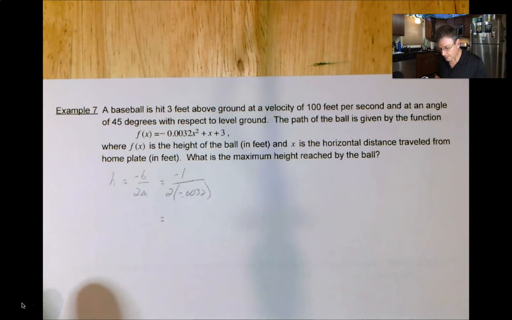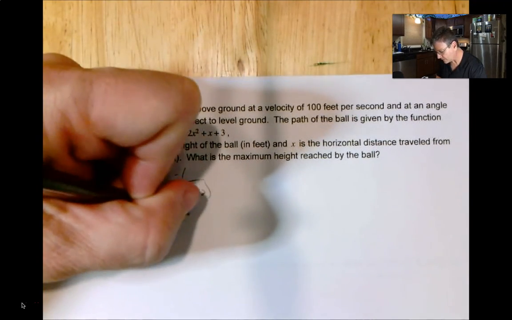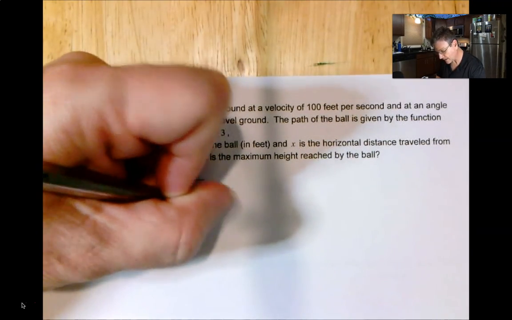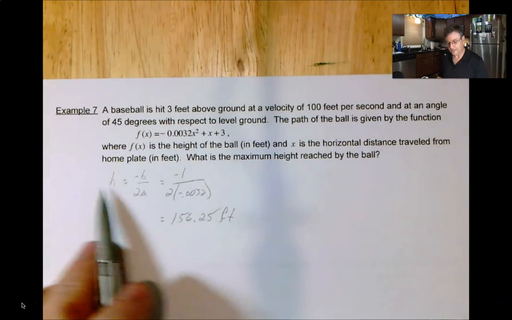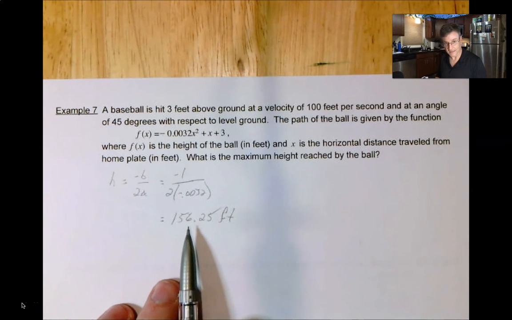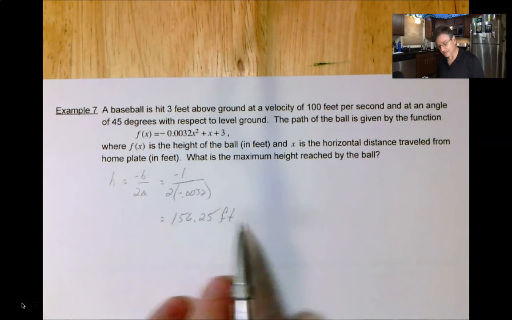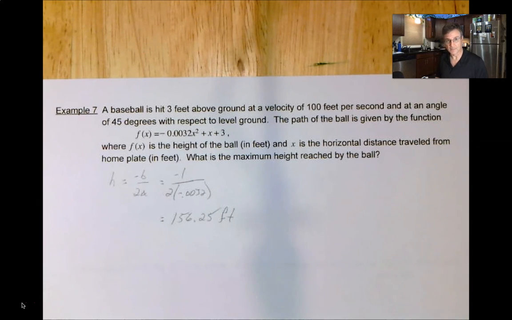I've got 1 divided by 2 divided by 0.0032, and I have 156.25 feet. So the h, or the x horizontal distance, is the distance away from home plate when the ball will have reached its maximum height.